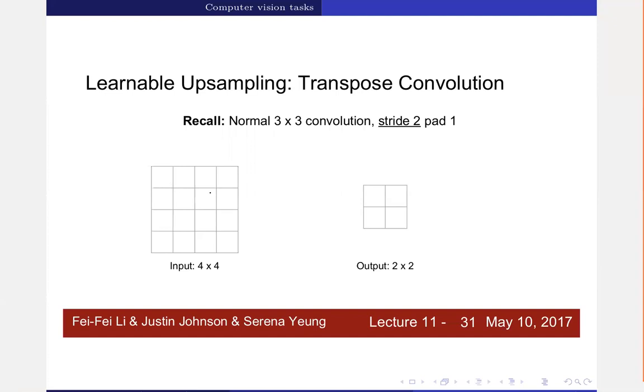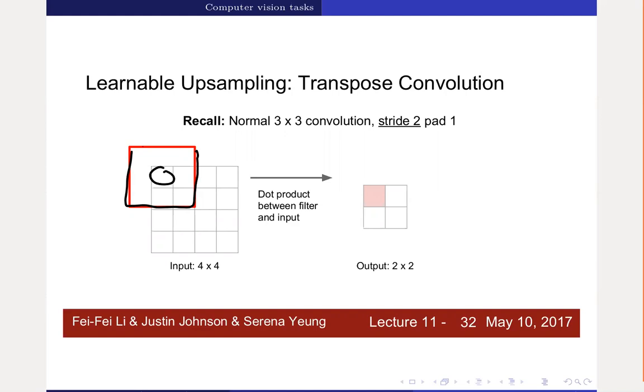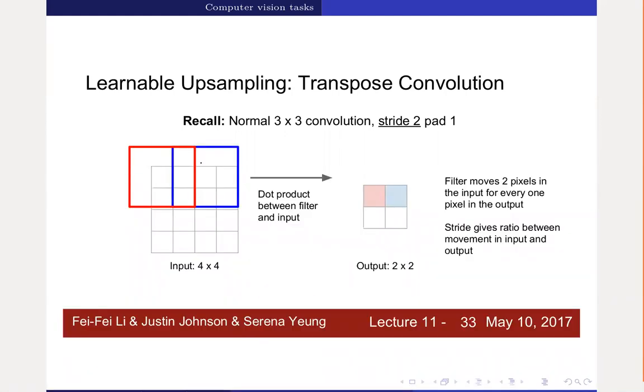If I do a stride of 2 here, and also let's say I have padding of 1, I start with this one and compute the inner product with this patch, and then I get this one, right? And then maybe this one gets an inner product, gives this one, and so on, if I do stride 2.